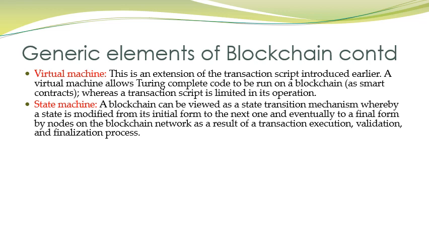A blockchain can be used as a state transition mechanism. State transition mechanism means when we apply some operation on the data in a block, it will change the state of that block. Try to understand this important sentence: a state is modified from its initial form to the next one, and eventually to a final form, by nodes on the blockchain network as a result of the transaction execution.